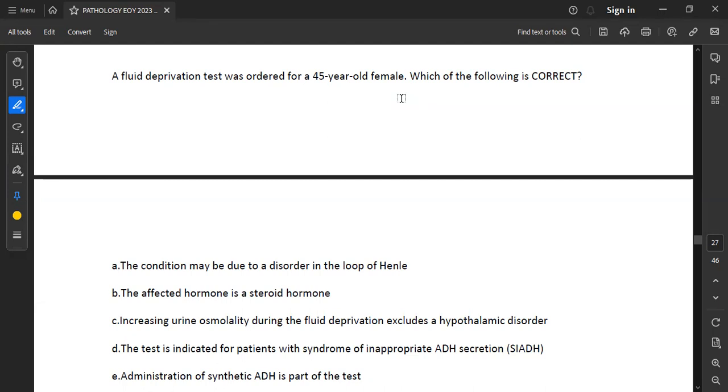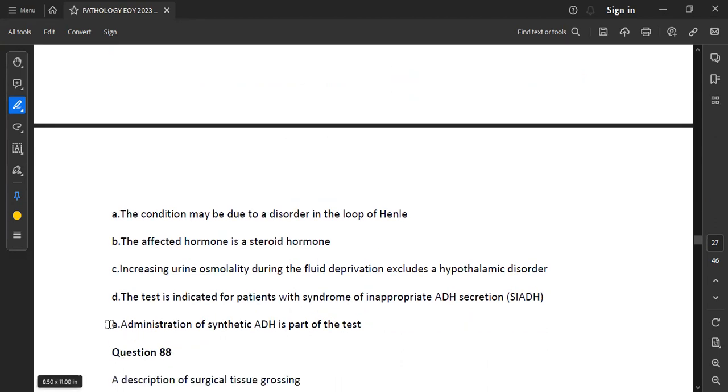They still have polydipsia and the urine is dilute. So the answer is E. Have we understood that one? Guys, do you have any questions?